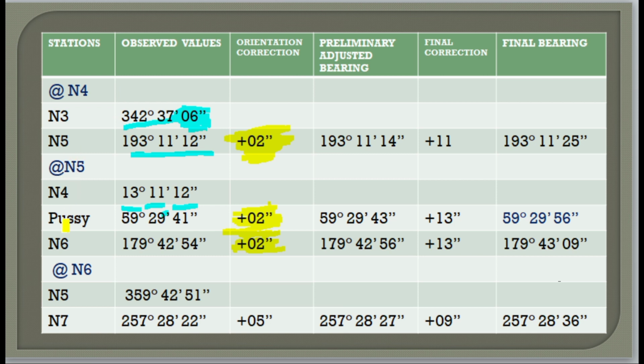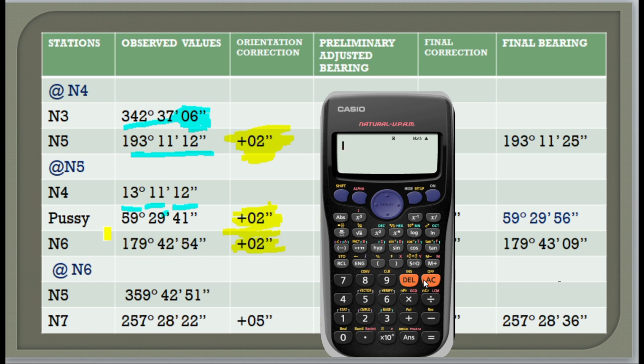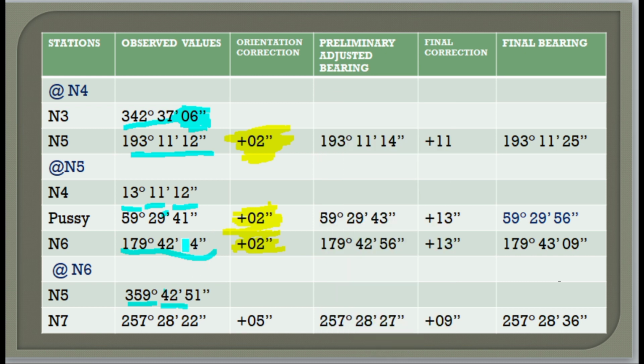So from N5 to N6, then we move on to our next part. So here from N5 to N6, we have a forebearing of 179, 42, 54 degrees. Adding 180 degrees in order to get our correct observed value of the next station, that is the back bearing, will be 359, 42, 54.